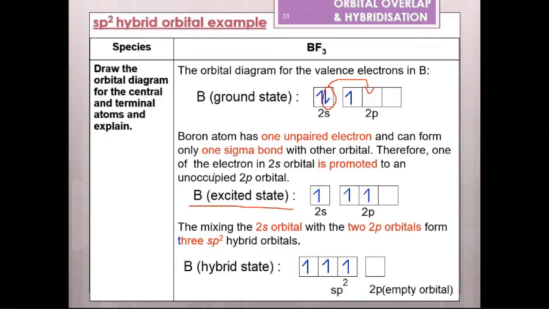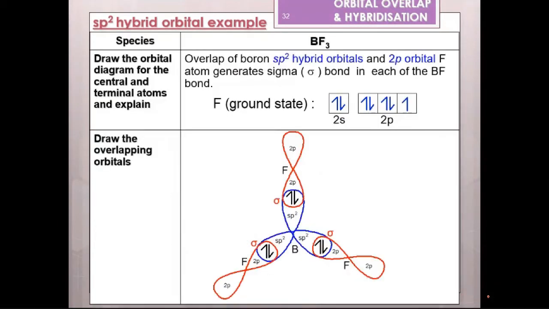Therefore, one of the electrons from the 2s is promoted or excited, same word, to the unoccupied 2p orbital. So now, three of them mixed together to form the sp2 hybrid orbitals. And then the remaining empty 2p orbital must be written down as well. Okay, so form with 2p fluorine. That's why 2p fluorine like this.